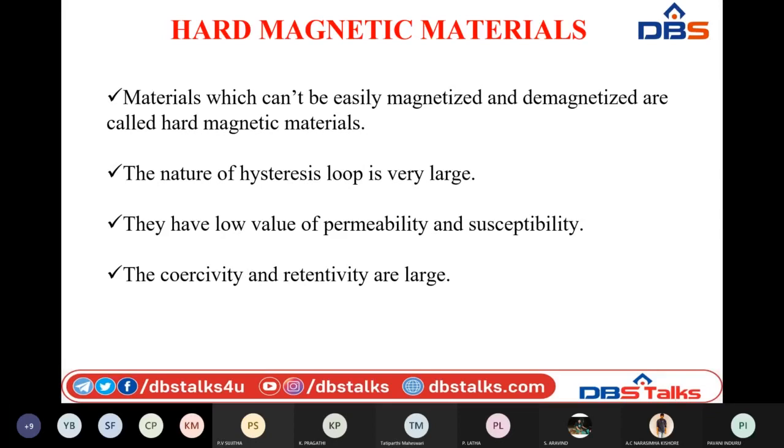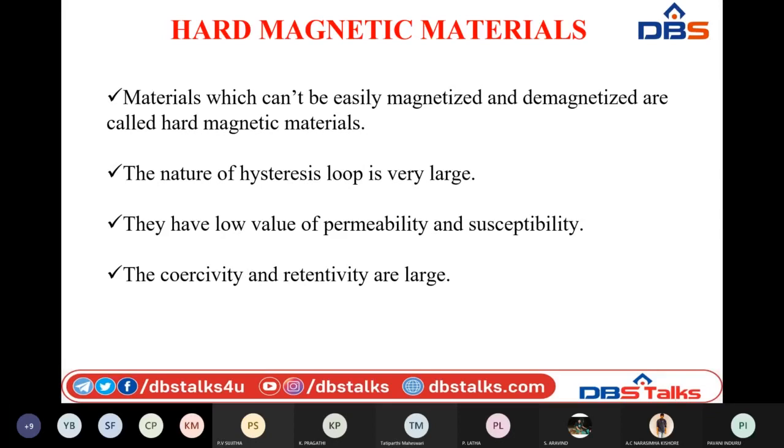That is why they have very low permeability and susceptibility. And coming to coercivity and retentivity, these have high coercive force and retentivity because they can store magnetism in them for a longer time, even though the magnetic field is removed.